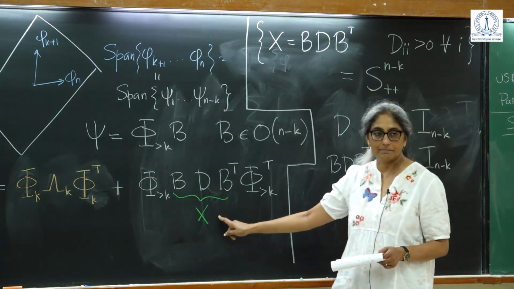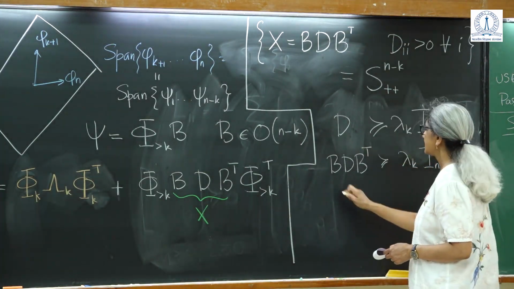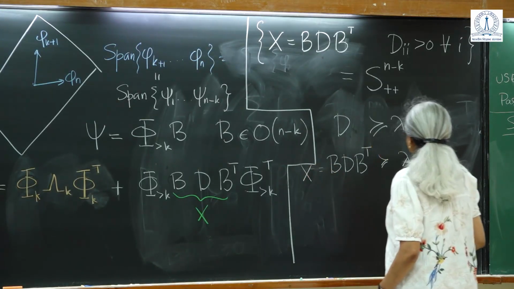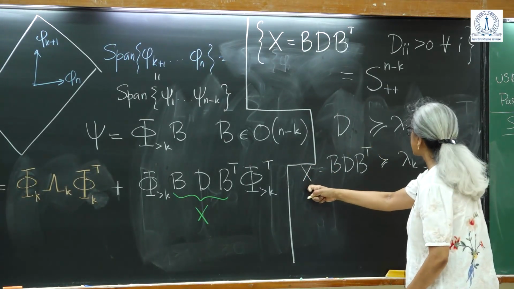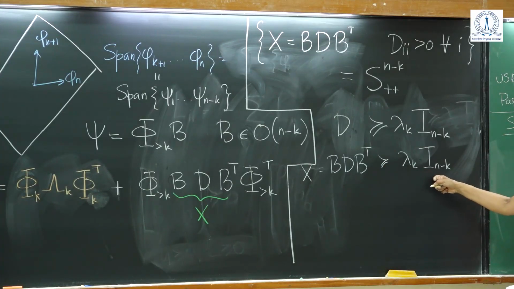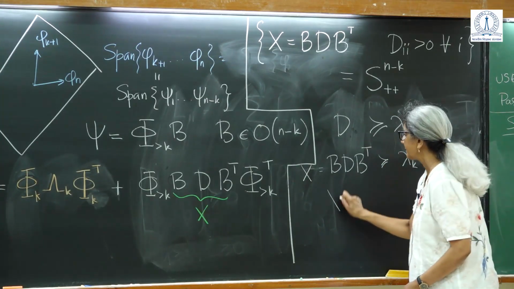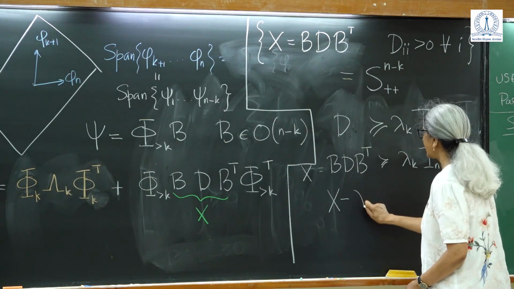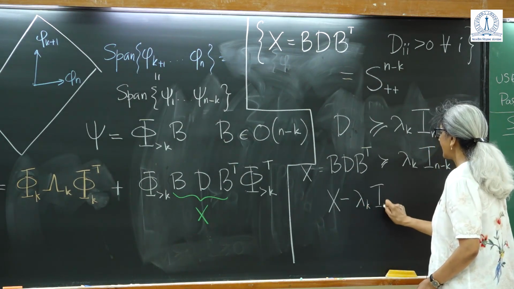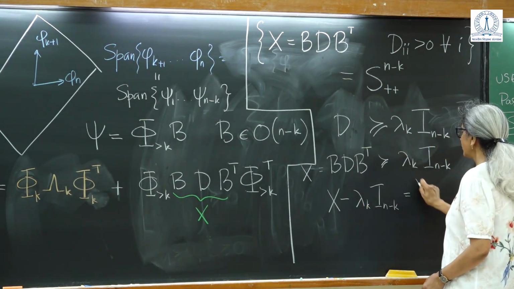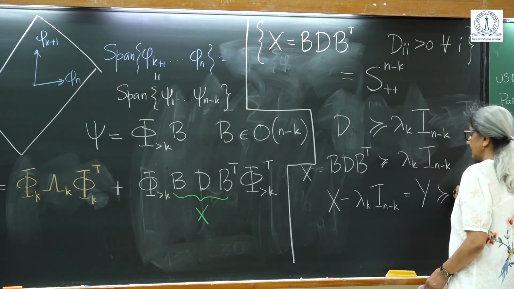The x is this, BD, this thing, okay? So this is x. So what we have is that x is greater in this lower order than this. That's exactly the same thing as saying that if you subtract lambda k I n minus k from x, then you get something that is PSD.